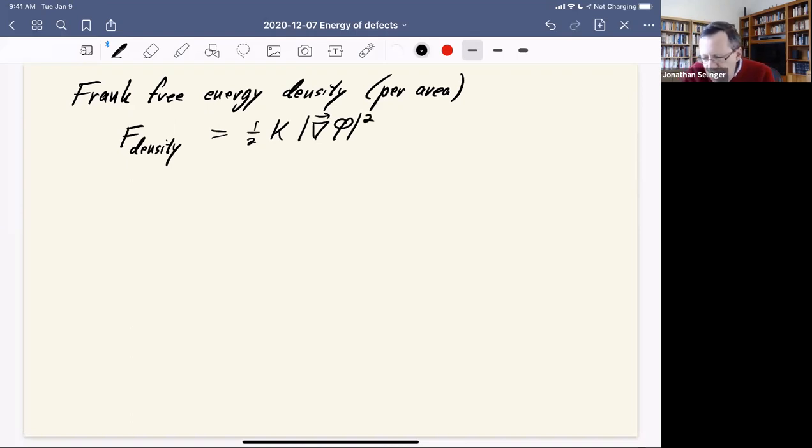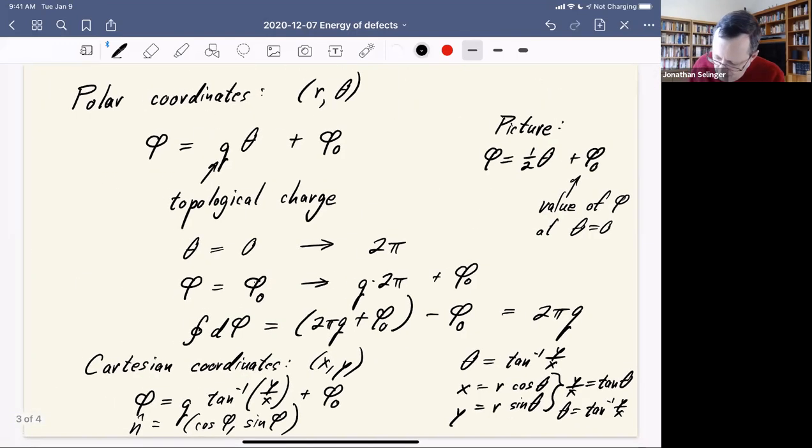So I need to take the gradient of phi and square it, which I can do in either polar coordinates or Cartesian coordinates. I either have to differentiate this thing in polar coordinates or this thing in Cartesian coordinates. I would say polar coordinates looks easier. So let's do that.